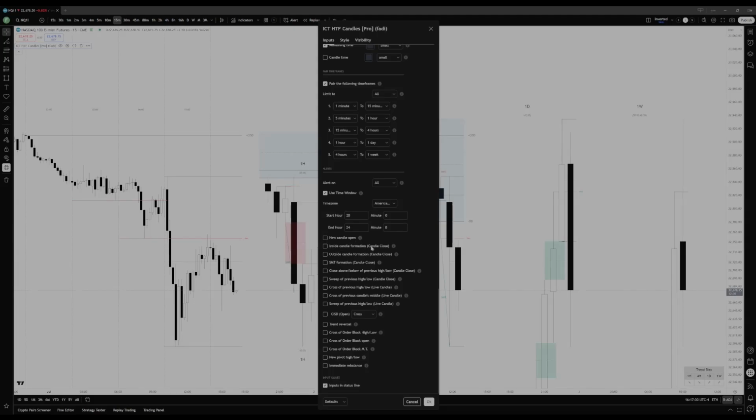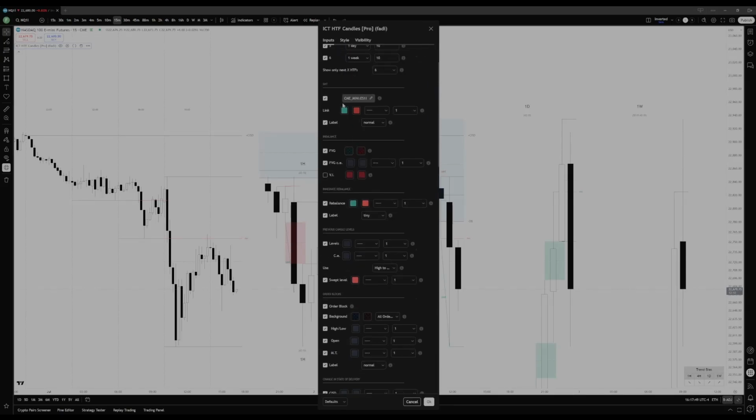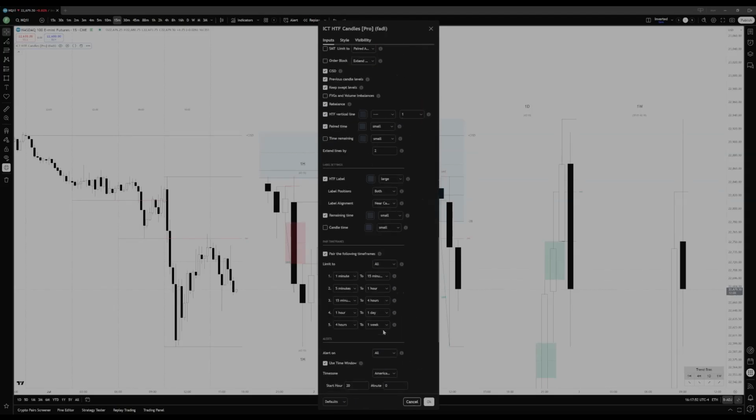If a candle forms an inside candle, if you have an outside candle, an engulfing candle, you get an alert for that. If there is an SMT formed on the paired time frame or higher or all of them, it will alert you every time it detects an SMT, assuming SMT is enabled at the top whenever you set the alert.